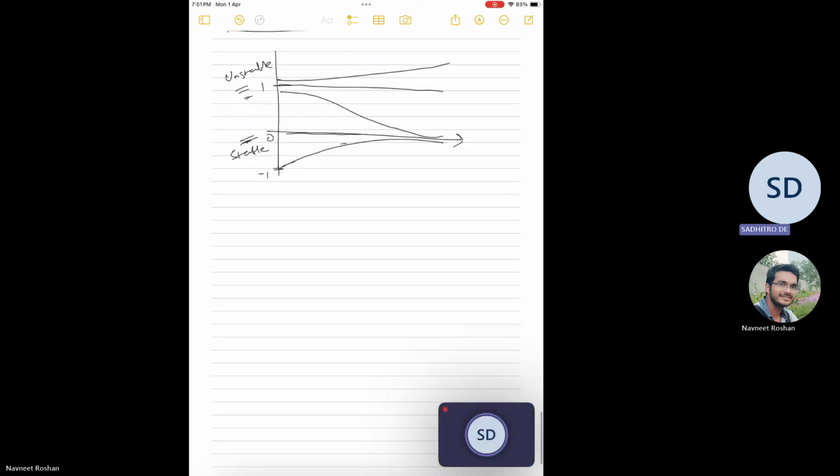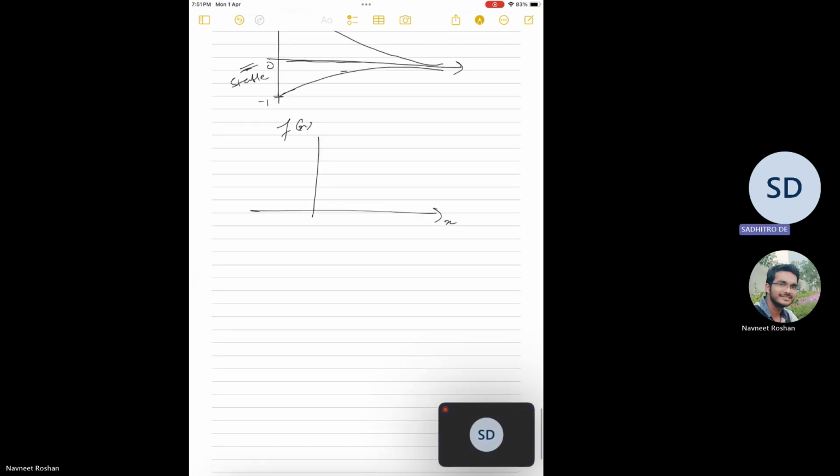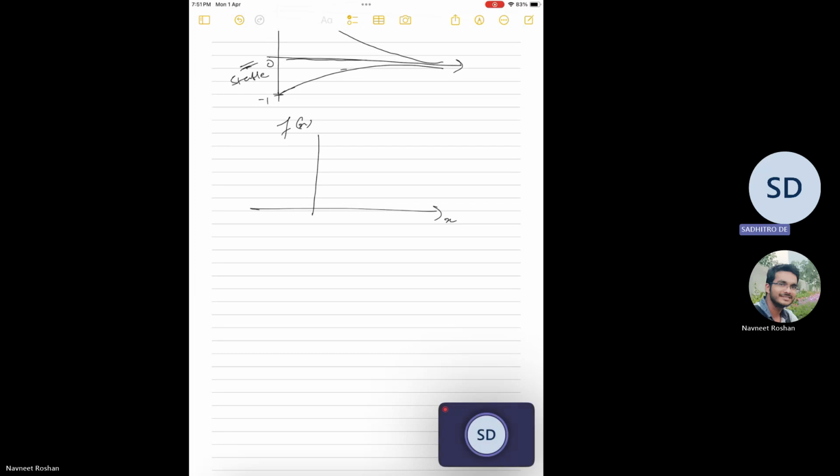Right. So basically, if we plot a graph of f of x as a function of x, then you will see that there is one fixed point over here, which is a stable fixed point, and the fixed point over here is an unstable fixed point. Right? We get this from here.